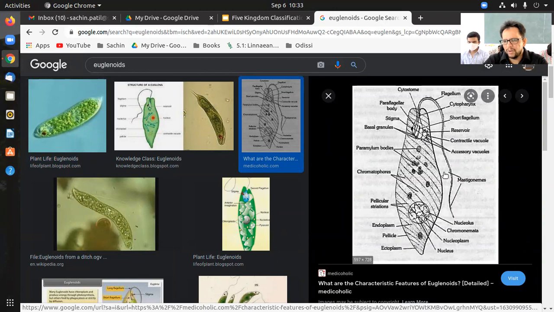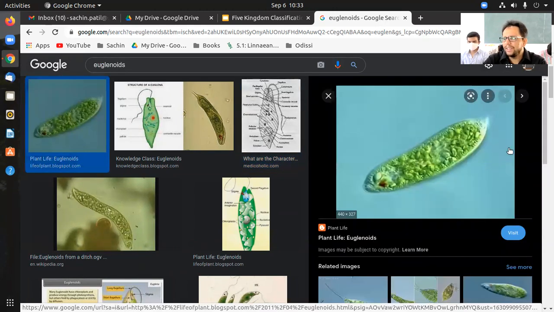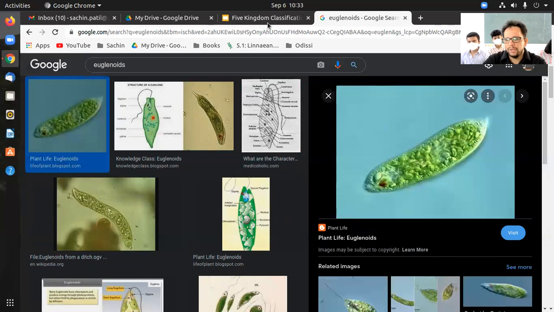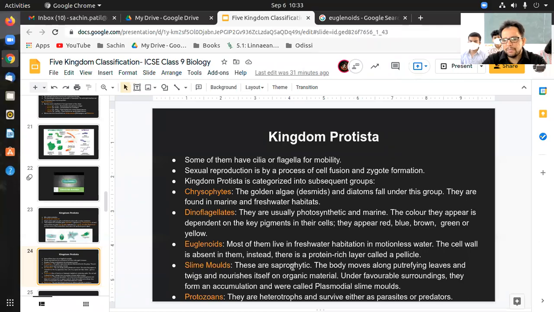But again, we need not go into the structural aspect. What you need to know is how it looks. It is photosynthetic because it has green pigments. It doesn't have a cell wall, but the outer membrane is made up of a protein rich layer. So that is the euglenoid as an example of kingdom Protista.